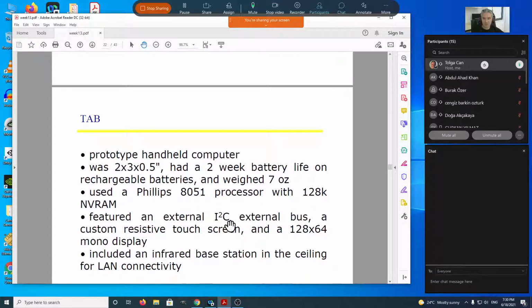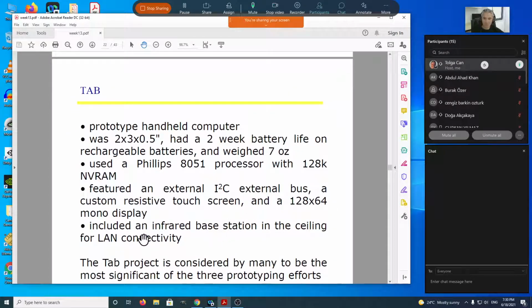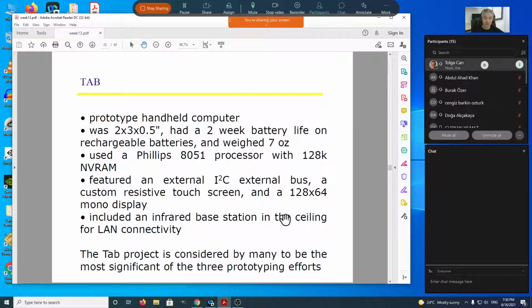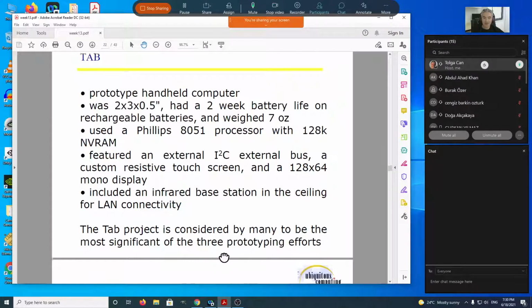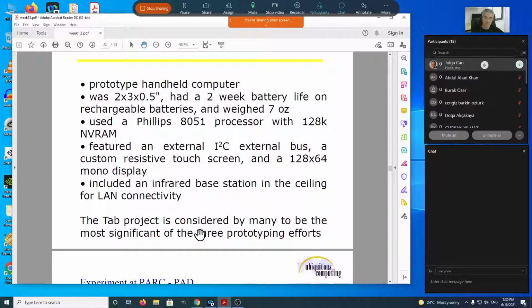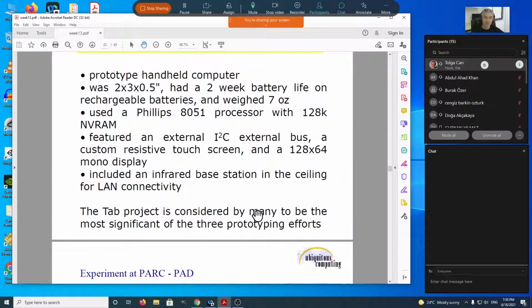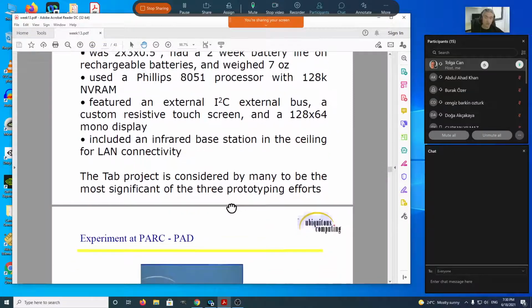Its processor was very low power, but it uses an infrared base station in the ceiling for network connectivity. So Wi-Fi also was not that popular in those days, but they had a way to do Wi-Fi by using infrared. This project was considered by many to be the most significant of the prototyping efforts.